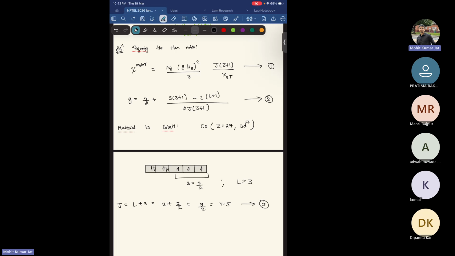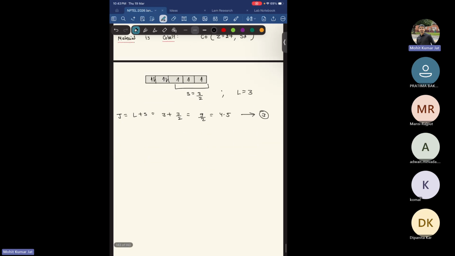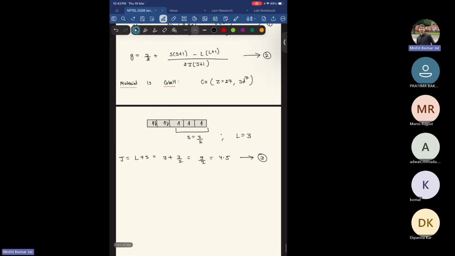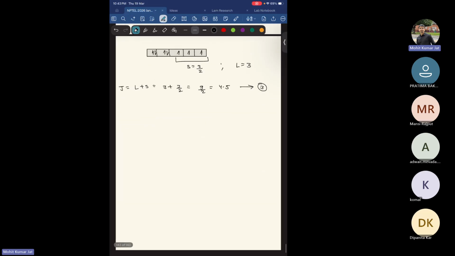Right, now we know J, so we can substitute equation 3 in equation 2.